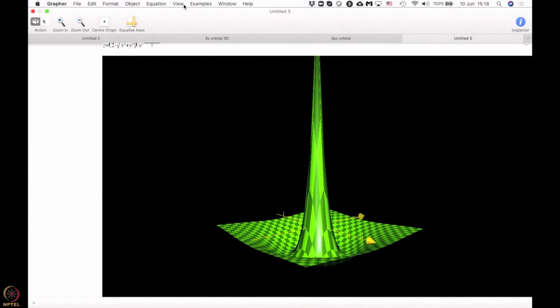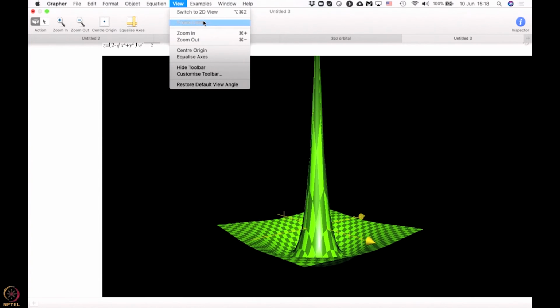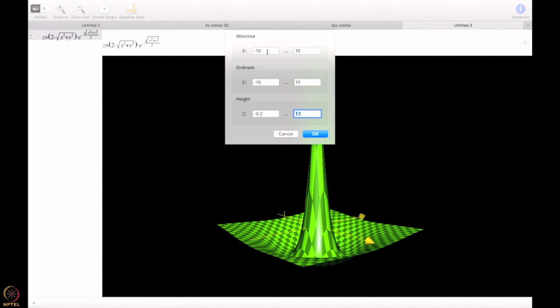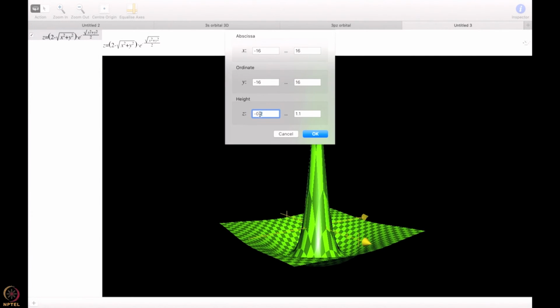We have to change the limits once again. Remember what we had done, we had set this to 16 if I remember correctly. In the 2D plot this will be plus 16, y has to be the same thing, otherwise it will be distorted, and this one I think we had made it 0.4 and this one was 2.1 or something, no harm if I say 2.2.